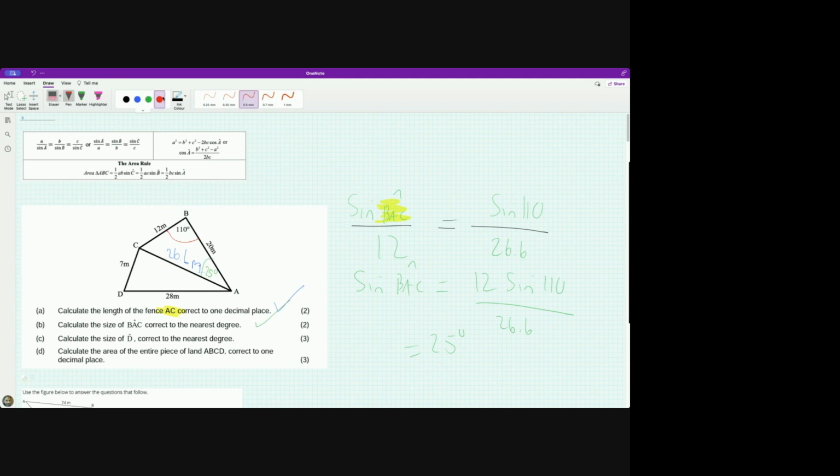Let us keep going. Calculate the size of D correct to the nearest degree. So there is the angle D. What rule do we need to use to figure out this one? I'm curious to know if Stephen has any ideas, or Sapang, or Ntakeni.